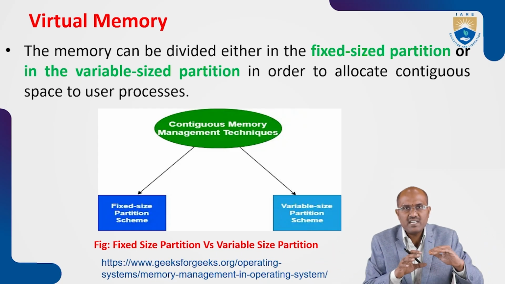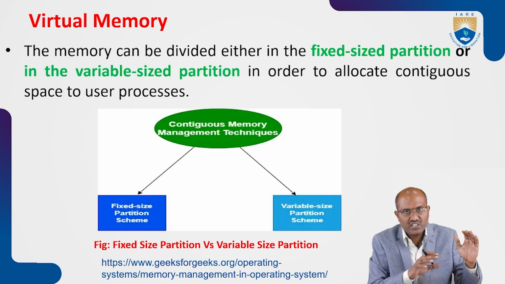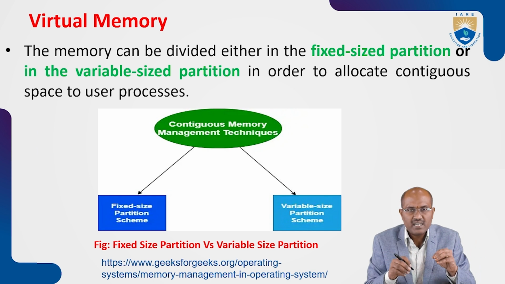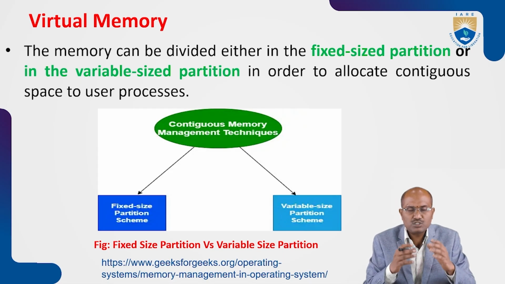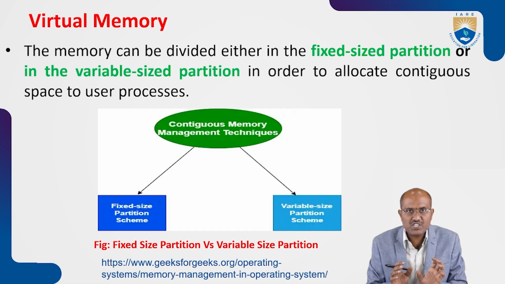Those who have already discussed internal fragmentation and external fragmentation, now we are discussing in detail the virtual memory. Virtual memory runs through the technique of paging, and that paging works under demand paging.